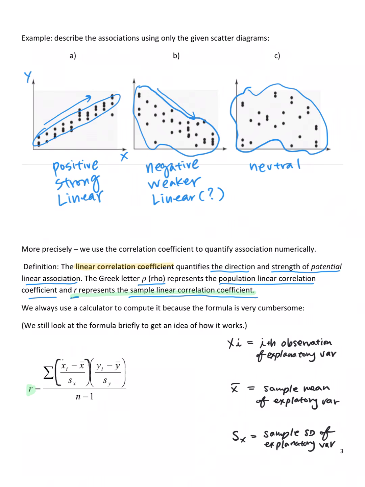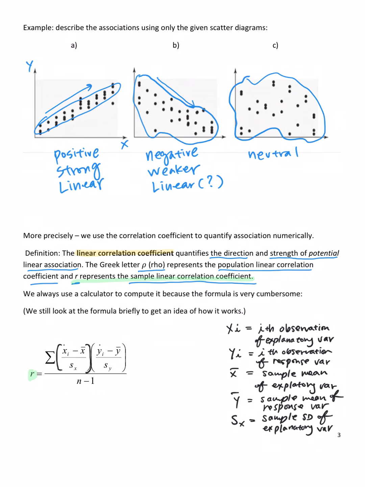So you calculate this part, and times the ith observation of the response variable, which is yi, minus y bar, which is the sample mean of the response variable, and divided by sy, which is the sample standard deviation of the response variable.